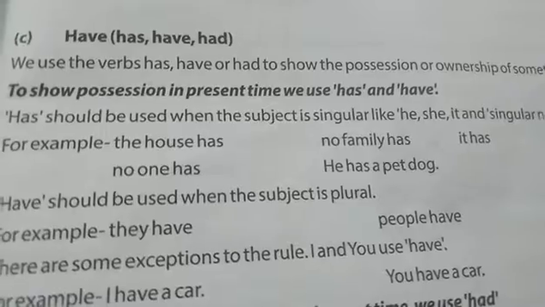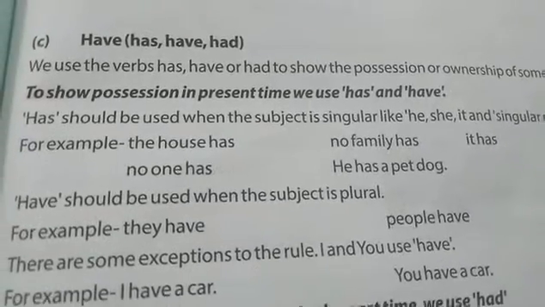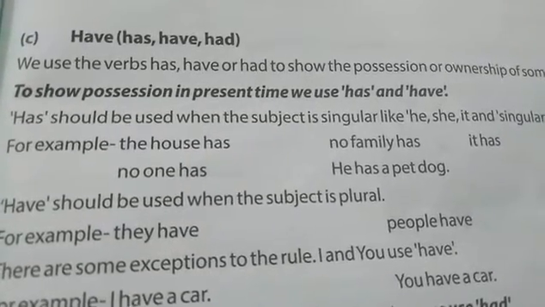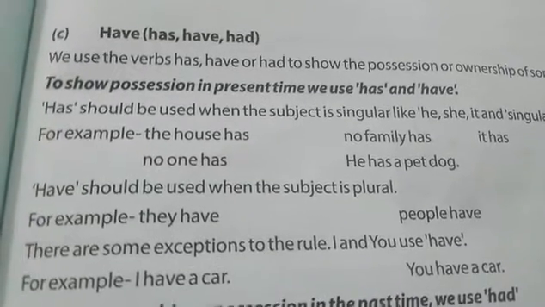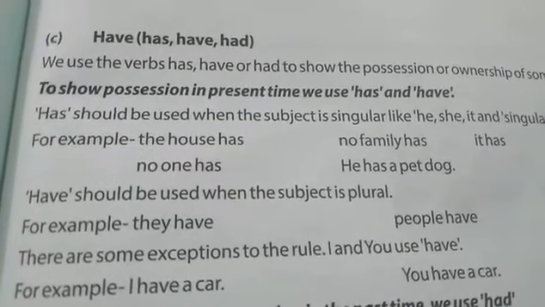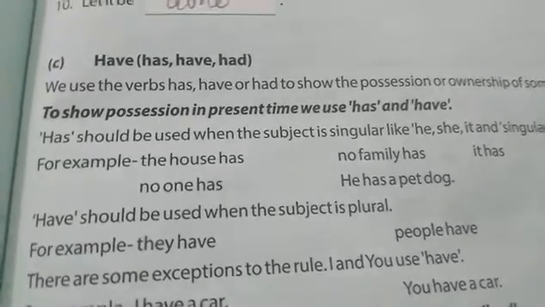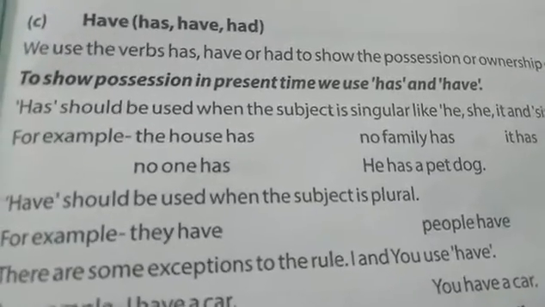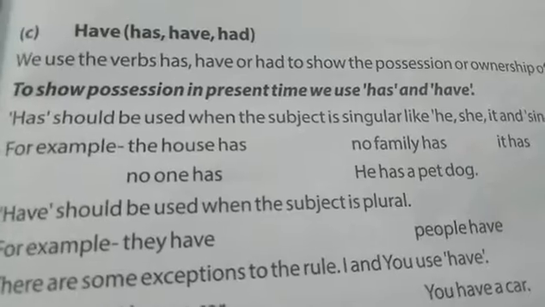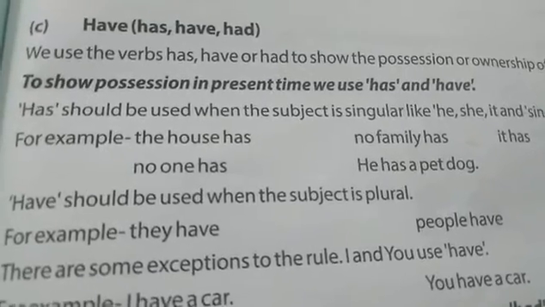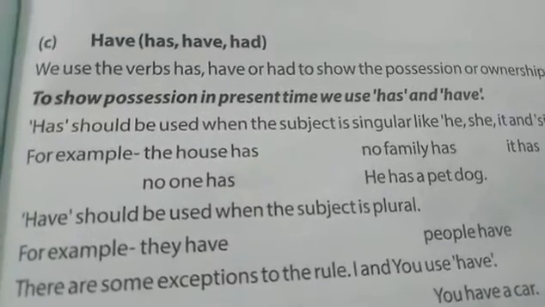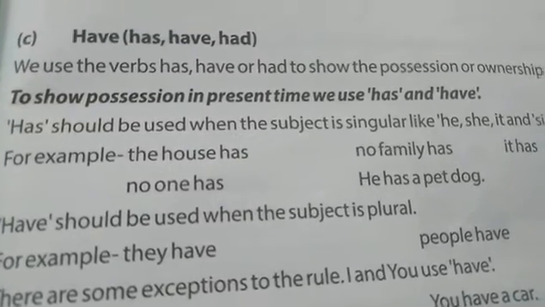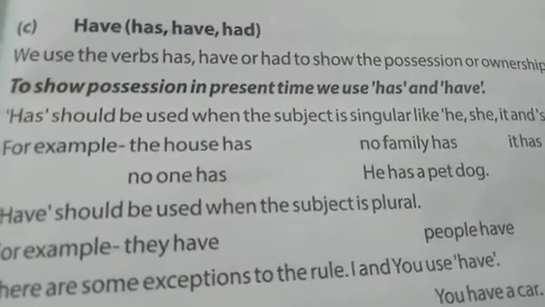We have so far discussed the other primary auxiliary verbs like is, am, are, was, were, do, did, done, does also, and today we will cover have and its forms, has and had.